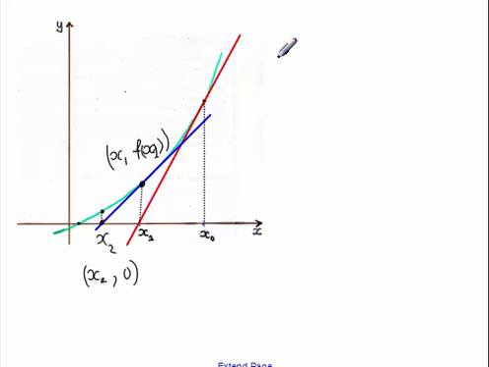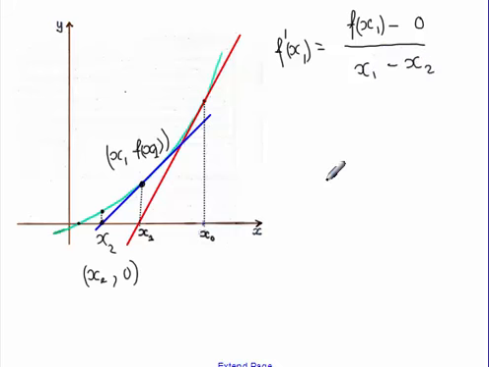And then we do exactly the same thing. We now calculate the derivative of the function at x1, equals f at x1 minus 0 over x1 minus x2. Agreed?